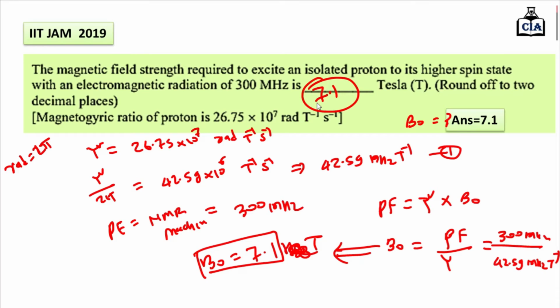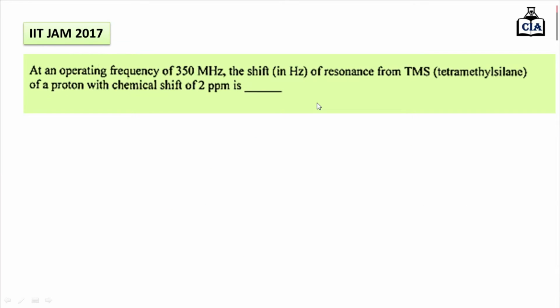Now the next question is from IIT JAM 2017. In this question we have to calculate the shift from resonance, the shift from the TMS. We know that in the NMR spectrum, here is the signal for the TMS, and the shift from the TMS resonance means the frequency for the sample. So we have to calculate the frequency for the sample.